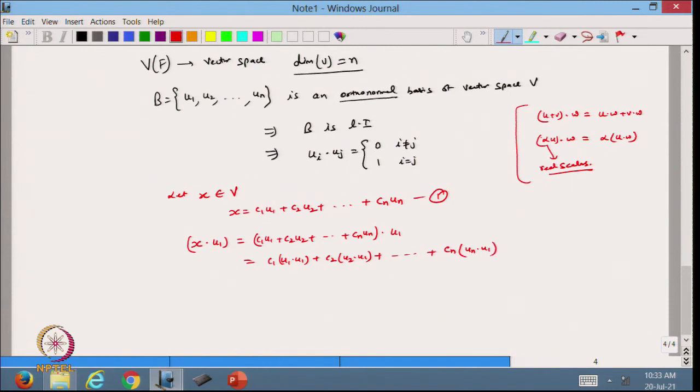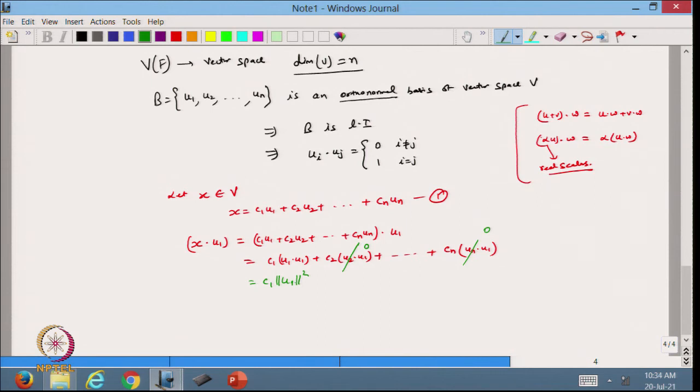Now I know that this is an orthonormal basis, so all the other terms will be 0 except c1 u1 dot u1, which is c1 times the norm of u1 squared.